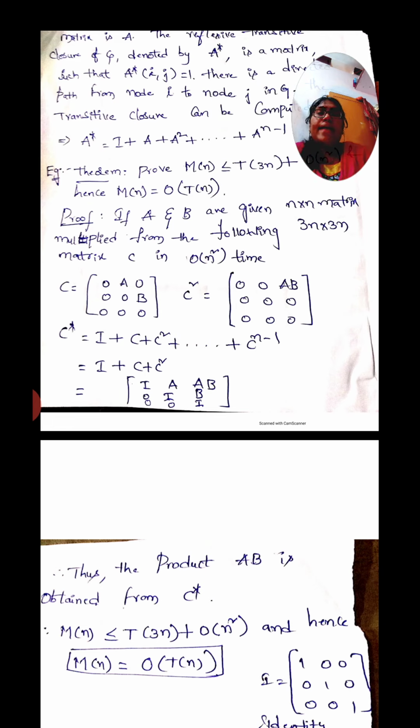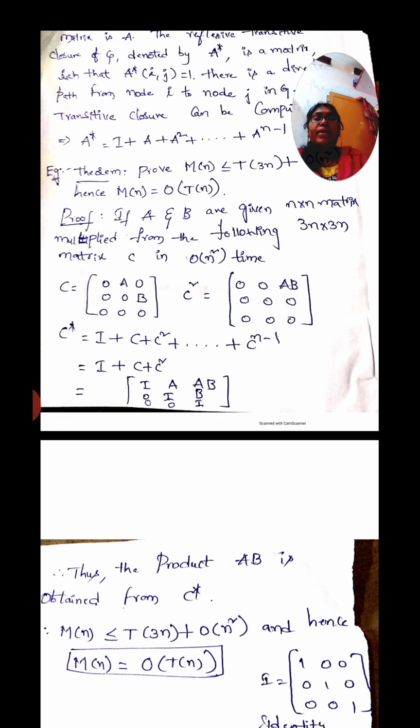Coming to C asterisk, that is assigned to I plus C plus C square. We have to add the identity matrix plus C plus C square. Look at this, C is a 3 by 3 matrix and C square is also a 3 by 3 matrix. We have to add them.